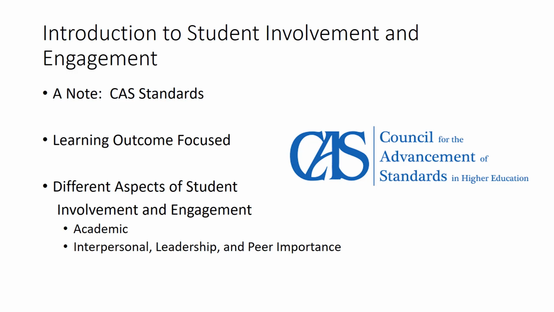There are different aspects of student involvement and engagement. There's academic, and there's interpersonal leadership and peer importance. And we will talk about a few of these in the next slides.